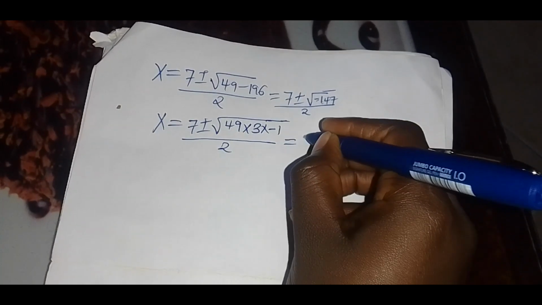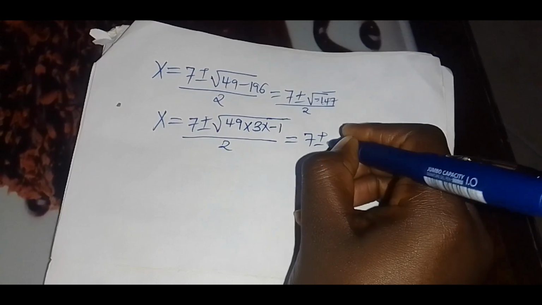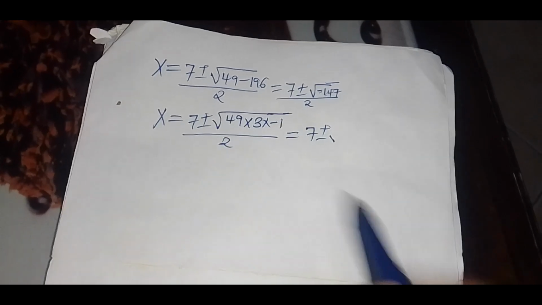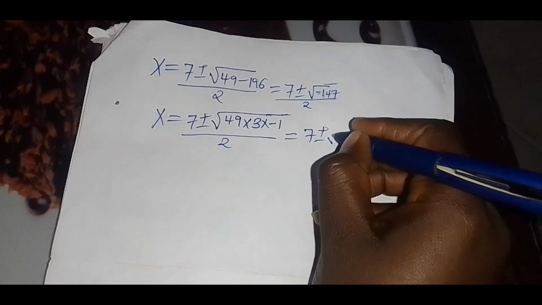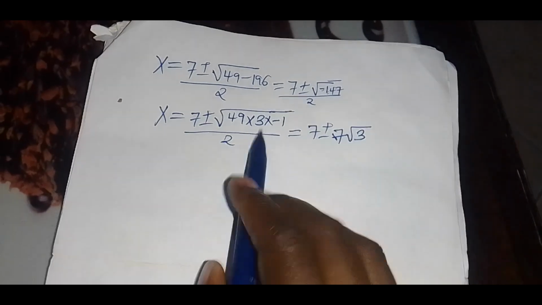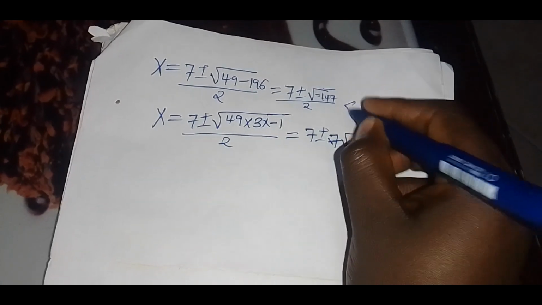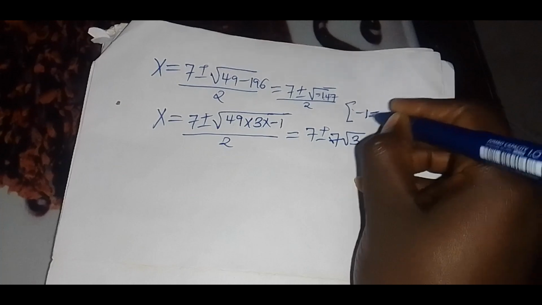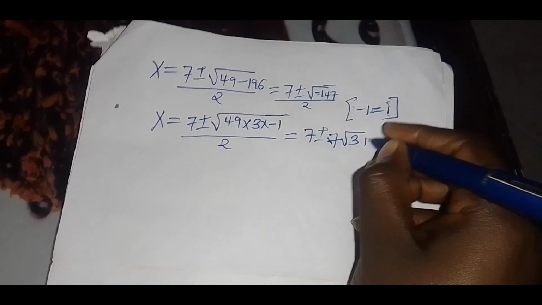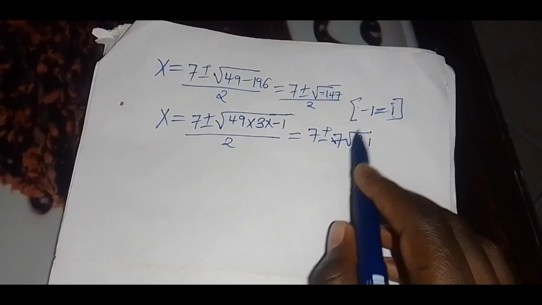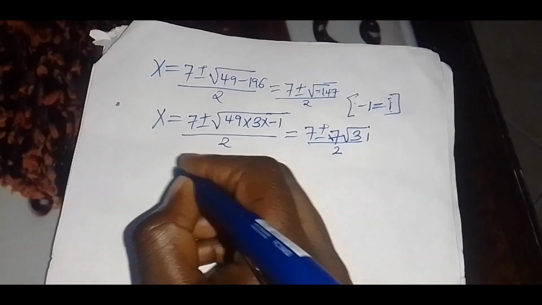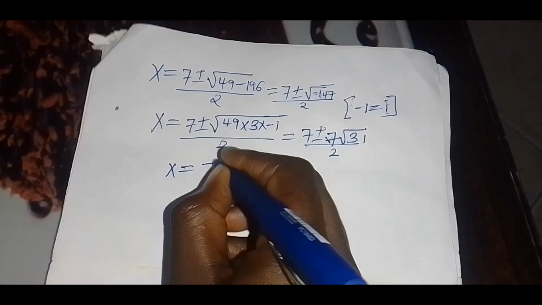So we'll have 7 plus or minus the square root of 49, which is 7, multiplied by the square root of 3, and remember, using the complex identity, the square root of negative 1 is equal to i. So we'll have 7 multiplied by the square root of 3 i, divided by 2.